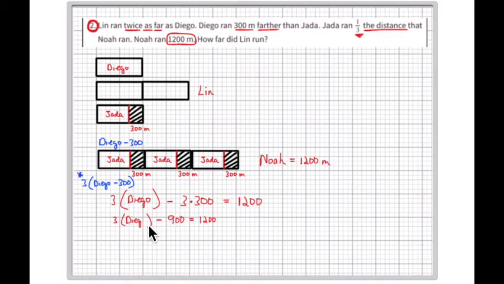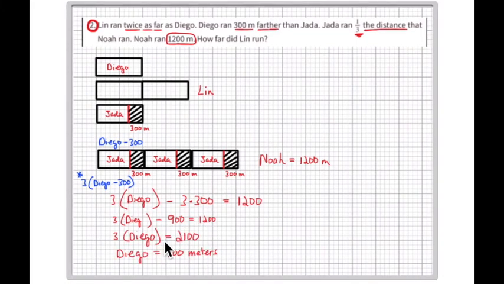Remember, it's 3 times Diego, so now we're at minus 900 equals 1,200. So now if we add this 900, we're going to get to 3 times Diego's run, and that's equal to 2,100.